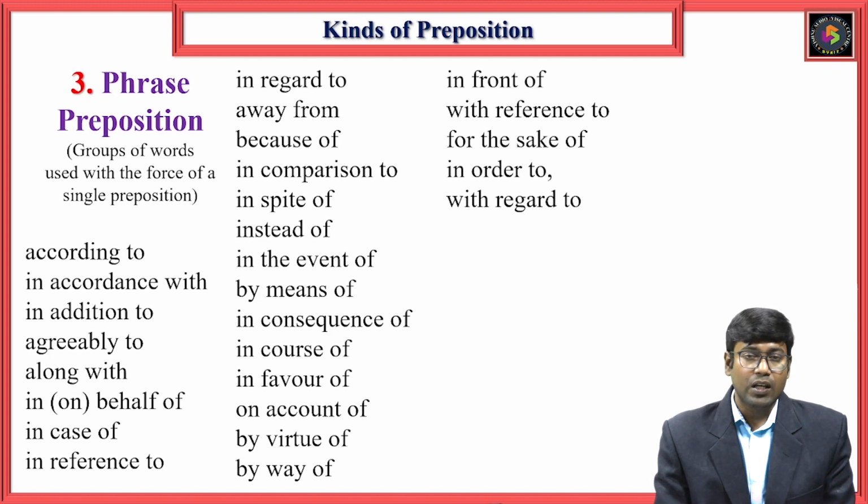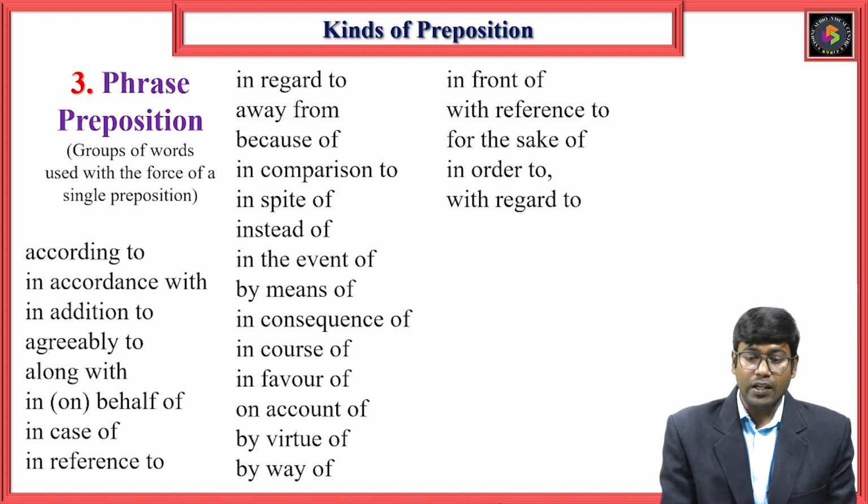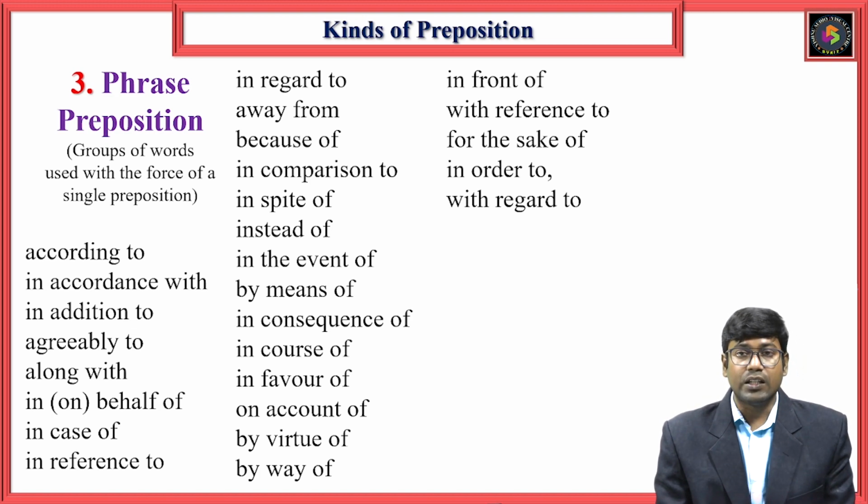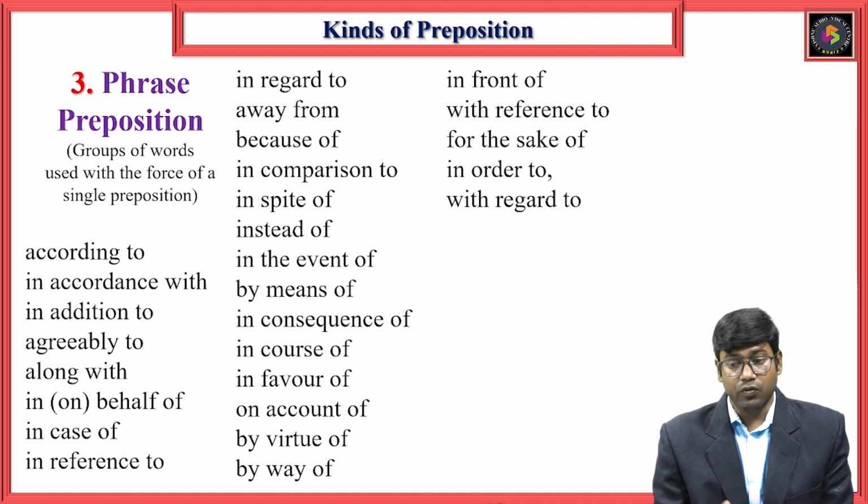According to, in accordance with, in addition to, agreeably to, along with, in or on behalf of, in case of, in reference to, in regard to, away from, because of, in comparison to, in spite of, instead of, in the event of, by means of, in consequence of, in course of, in favor of, on account of, by virtue of, by way of, in front of, with reference to, for the sake of, in order to, with regard to.